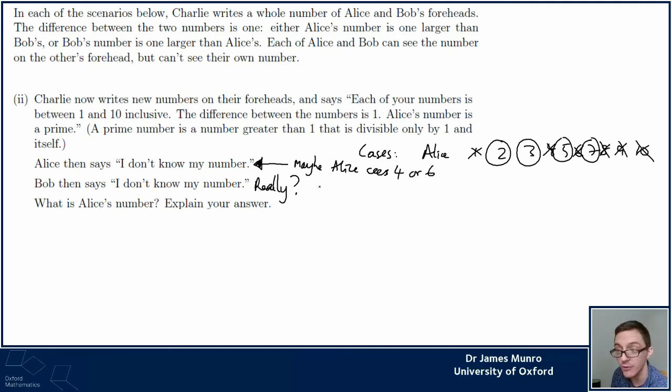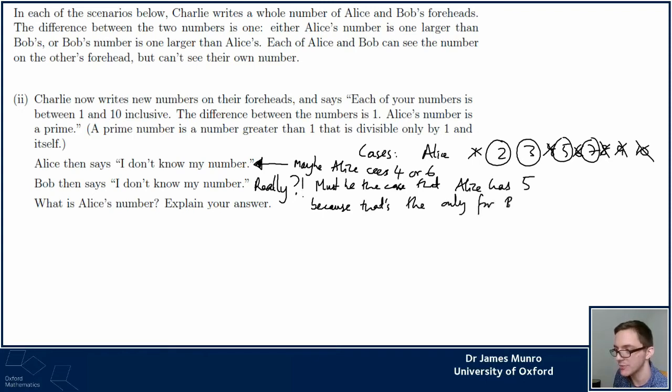And the only way this can happen must be the case that Alice has 5, because that's the only way for Bob to still not know.